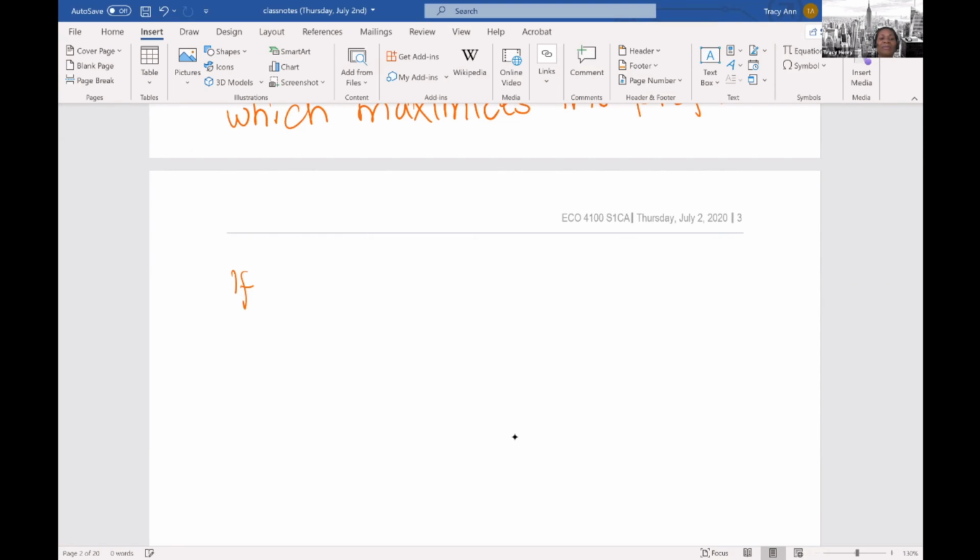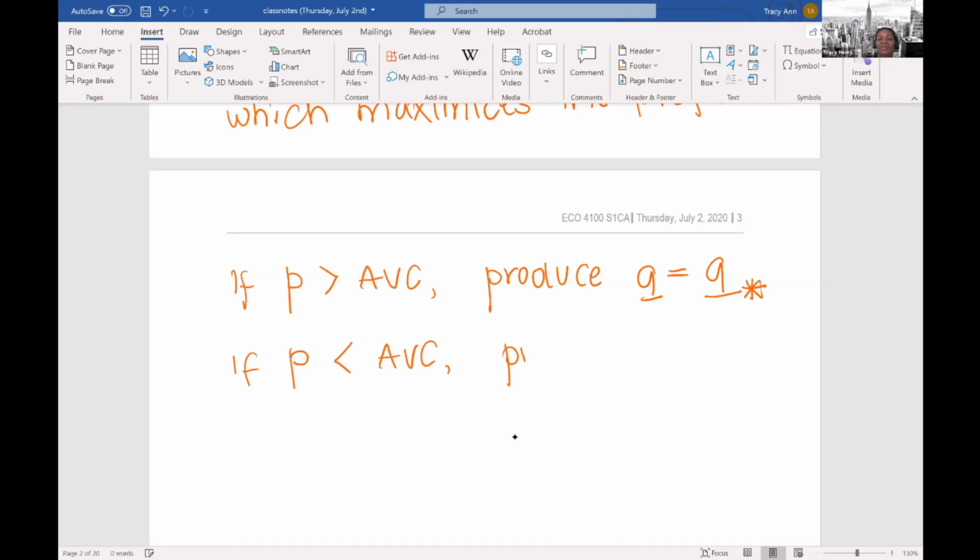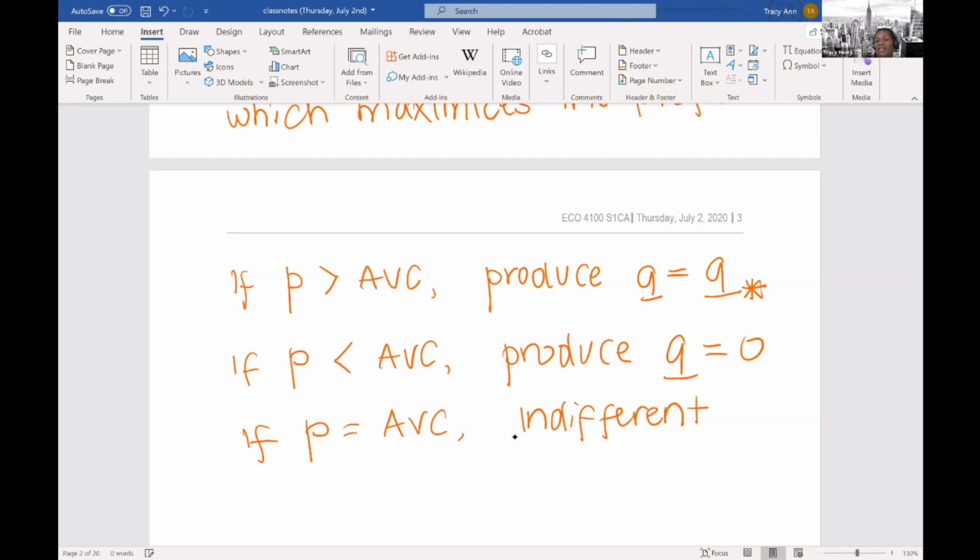If my price is greater than average variable cost, you want to produce Q equals Q star. If my price is less than average variable cost, then I want to produce Q equals 0. And if my price is equal to average variable cost, then you are indifferent. You can produce Q equals 0 or Q equals Q star.